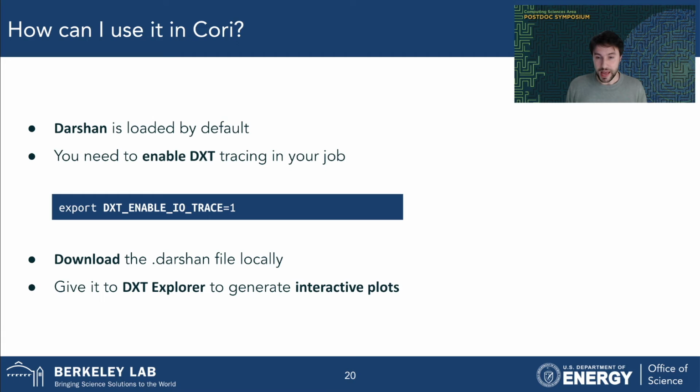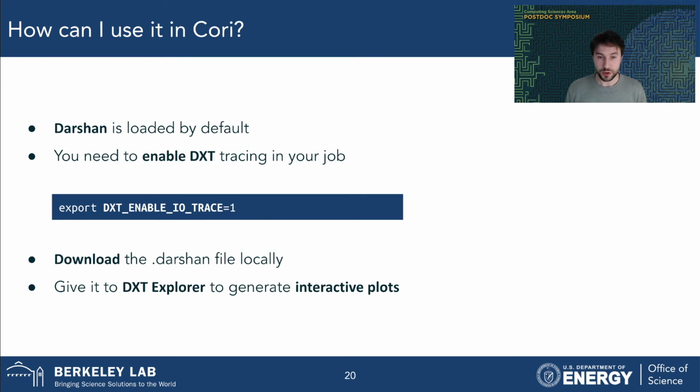So how can I use that in Cori? I mean, that sounds very interesting. Let me know how I can use it. So Darshan is already loaded by default for all applications. There's nothing else you need to do about that. You just need to enable the DXT tracing module in your job. So in your job script file, you can just export DXT_ENABLE_IO_TRACE and set it to 1.